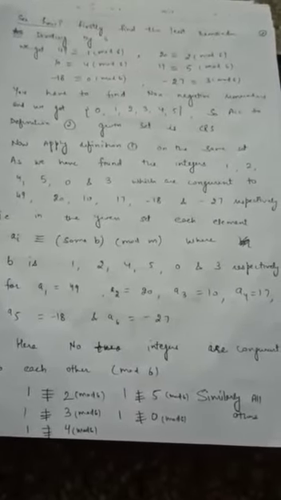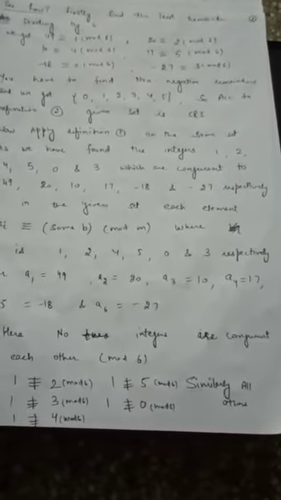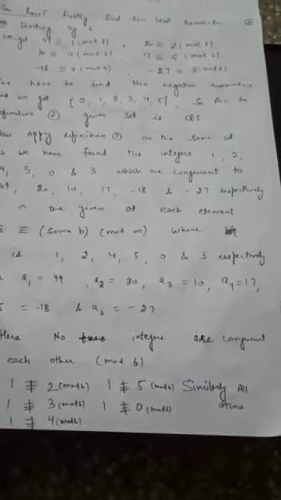That means each Ai is congruent to some integer B, and the integers are 1, 2, 4, 5, 0 and 3 respectively. So we have to find some integer B which is congruent to these given Ai's. Then it is CRS. And no two integers which we have found, 1, 2, 4, 5, 0 and 3, are congruent. No two of these must be congruent.